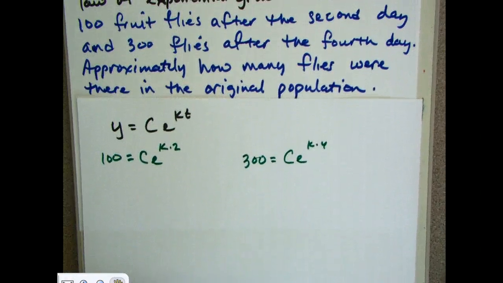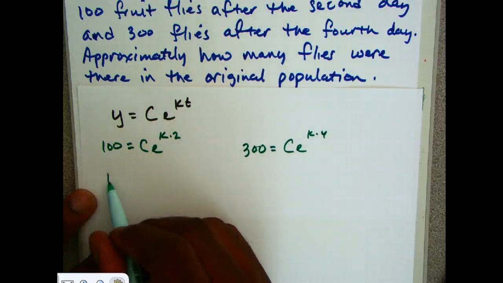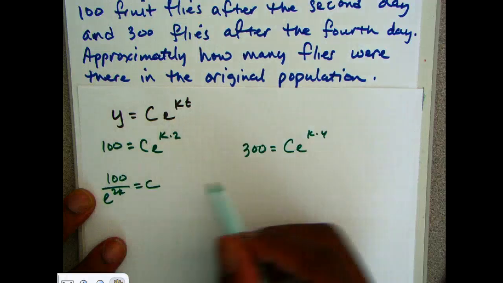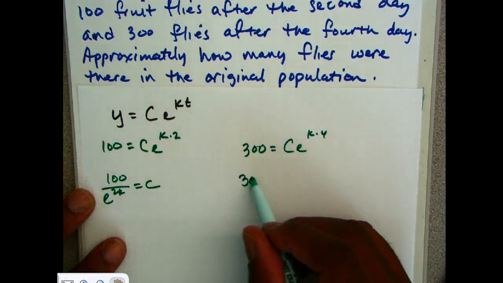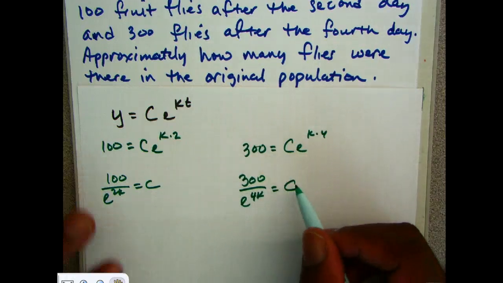Now if we were to solve both of these for c, we get 100 divided by e to the 2k is equal to c. And over here we get 300 divided by e to the 4k is equal to c.